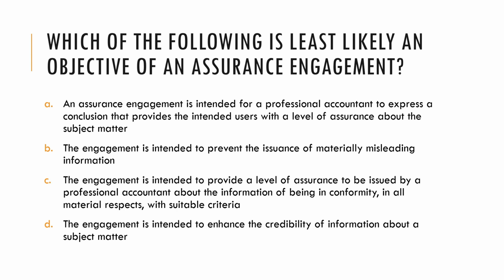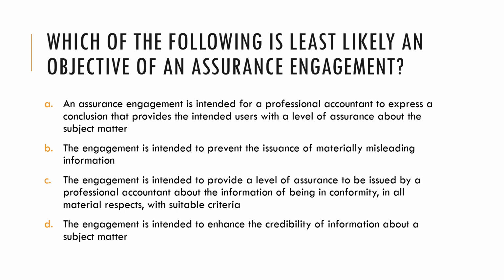Letter B, the engagement is intended to prevent the issuance of materially misleading information. Letter C, the engagement is intended to provide a level of assurance to be issued by a professional accountant about the information being in conformity in all material respects with a suitable criteria. Or letter D, the engagement is intended to enhance the credibility of information about a subject matter.